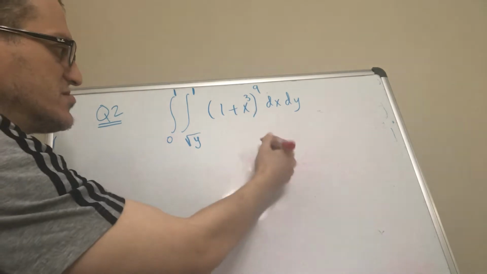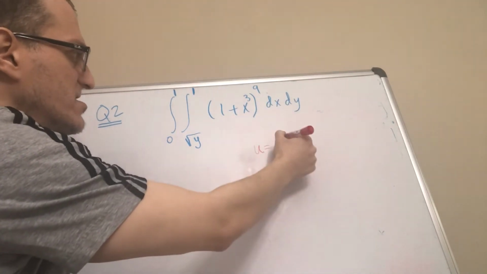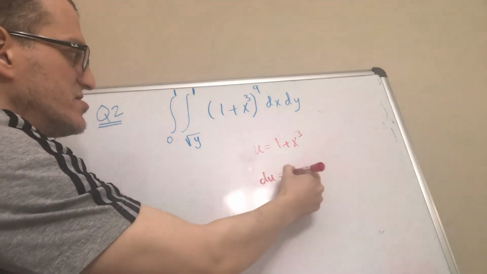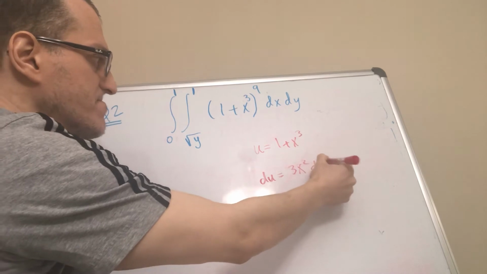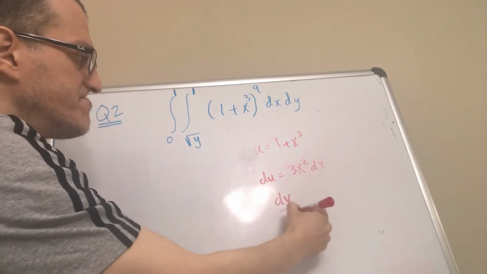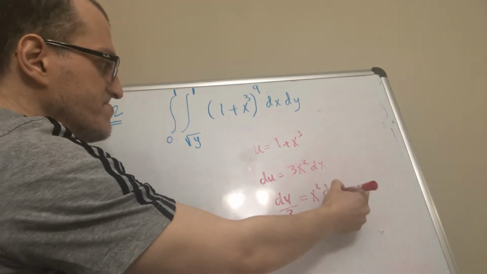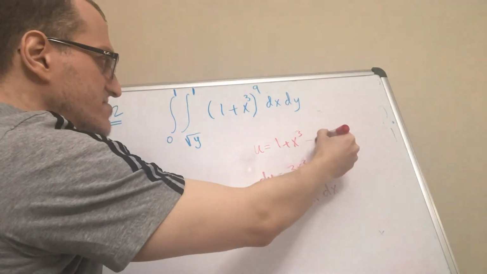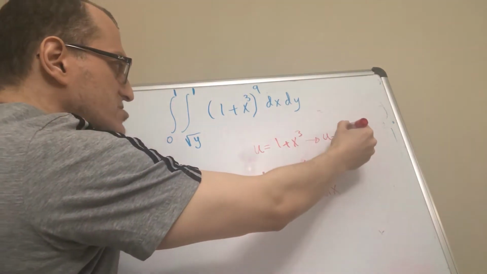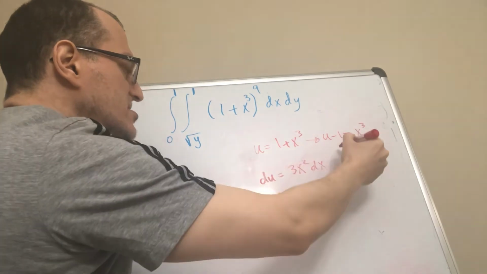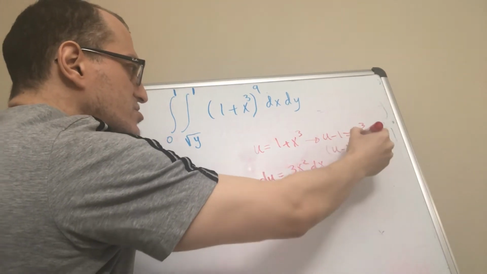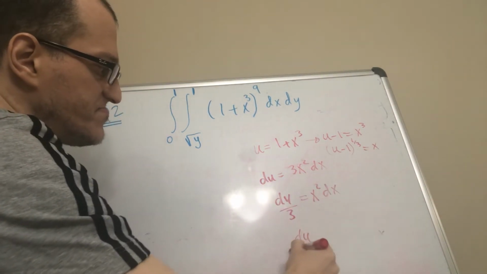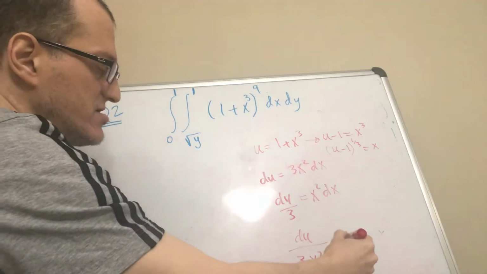If you think of u substitution, for example, you find du and get rid of the 3, and you don't want to see the x squared, so you solve for x: y minus 1 equals x cubed, so y minus 1 to the 1/3 equals x, so dx equals du over 3x squared.